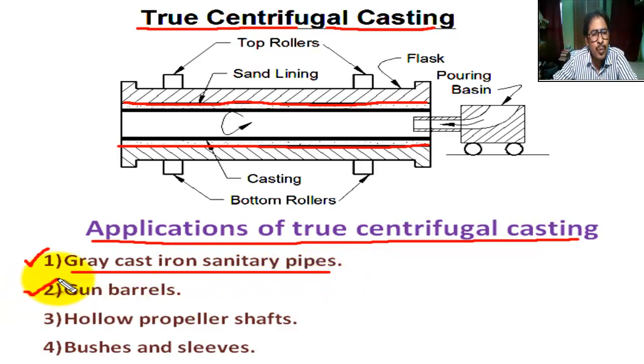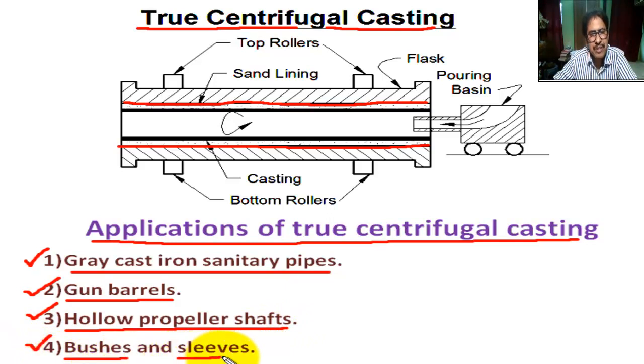Number two, gun barrel of the gun. Number three, hollow propeller shaft. Number four, bushes and sleeves.